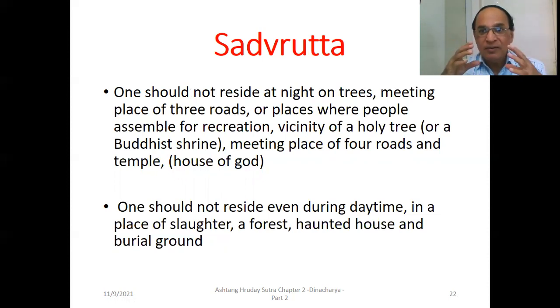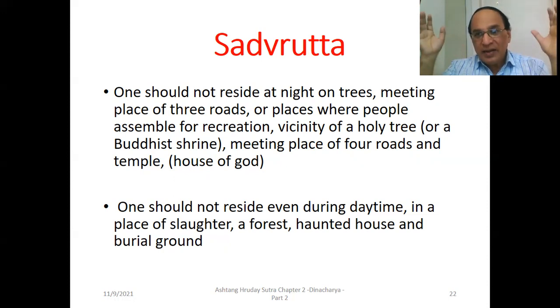You may get burdened by some unholy aura, unholy atmosphere around you that can disturb your psychology, disturb your emotion. That is the reason for this particular sentence. One should not reside even during the daytime in a place of slaughter, a forest, a haunted house or a burial ground. Again, the bad energies are over there, and that bad energy aura can affect your mental health.